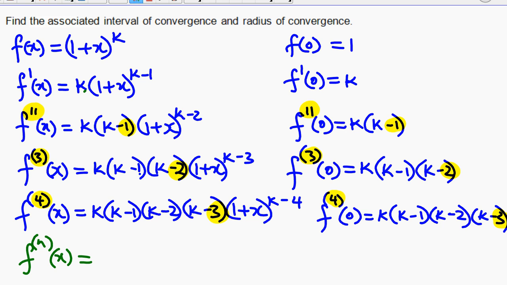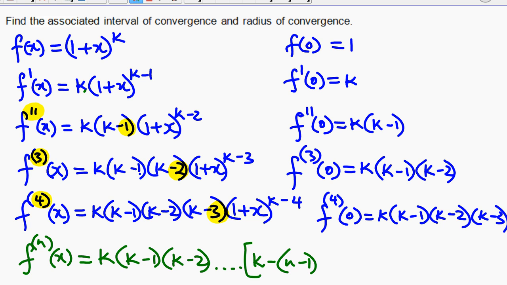So for the nth derivative, we'll end up with k into k minus 1, k minus 2, and so on, up to a point where we stop, which will be k minus n minus 1.